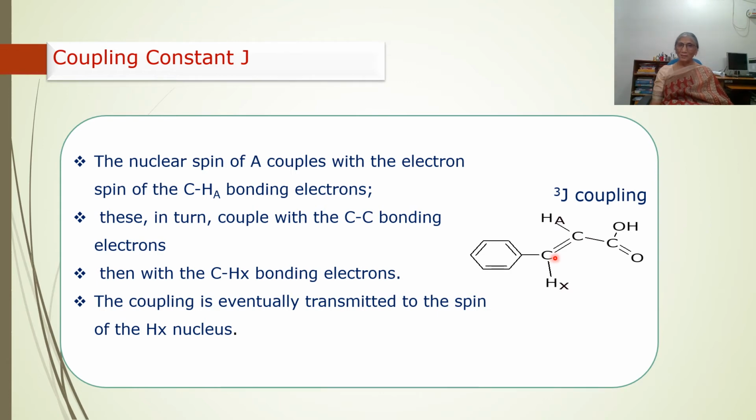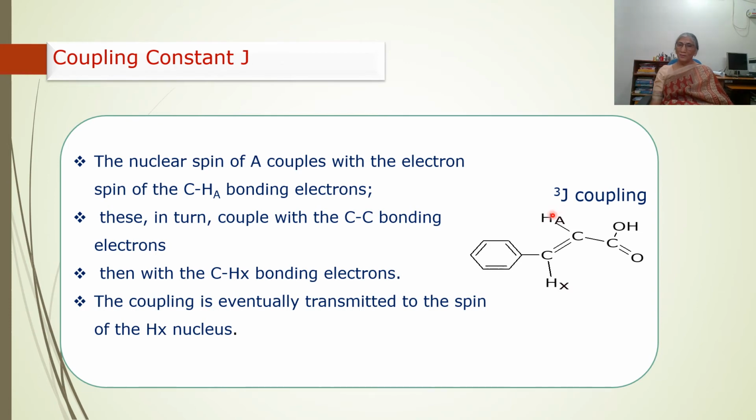So it couples with the carbon-carbon bonding electrons, then with the carbon-proton X electrons, and finally it is transferred to the spin of proton X. So we can say that spin-spin coupling is transmitted from one proton to another through the intervening covalent bonds.